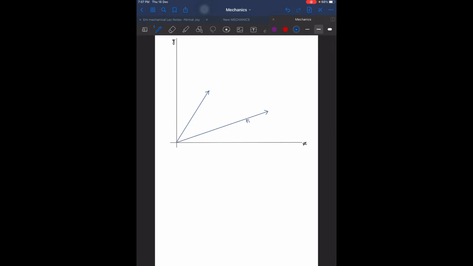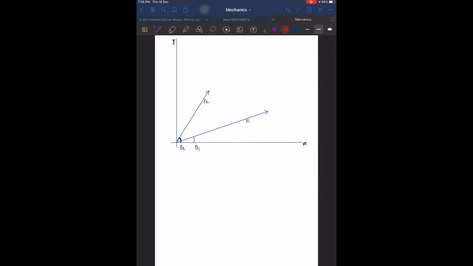And over here, the magnitude will be F2. F1 is making an angle theta 1 with the x-axis or the horizontal, and F2 is making an angle theta 2 with the horizontal or the x-axis.